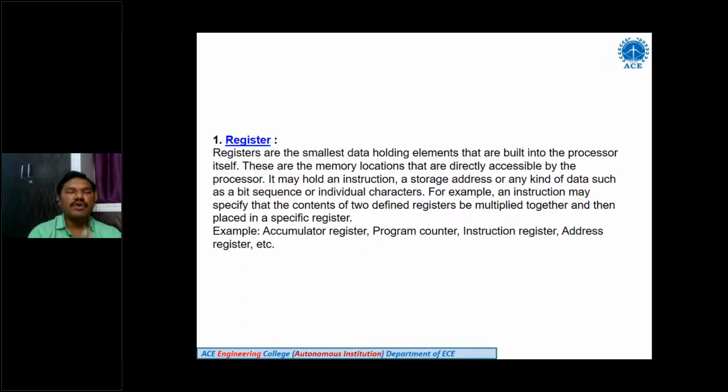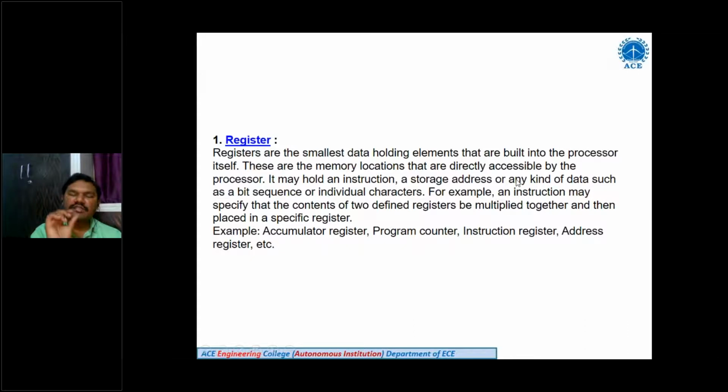But in the case of the 8086 or processor level, the total memory is outside and is used to store a larger amount of data. The registers inside the processor are used to hold a small amount of data. It may hold an instruction, which may be 1 byte or 2 bytes. That's why it is used to hold instructions.